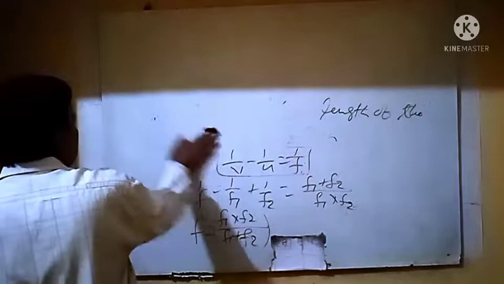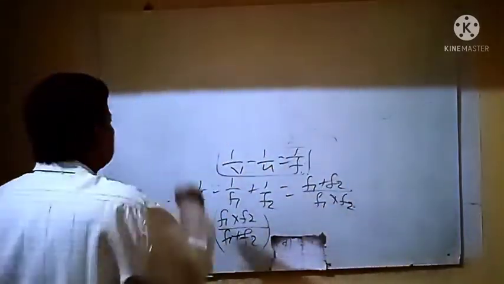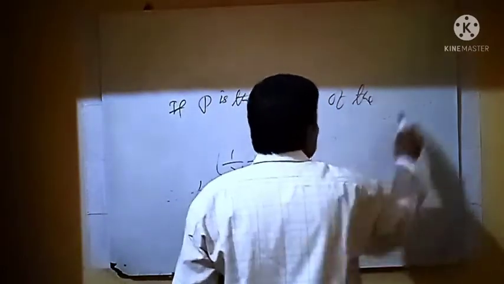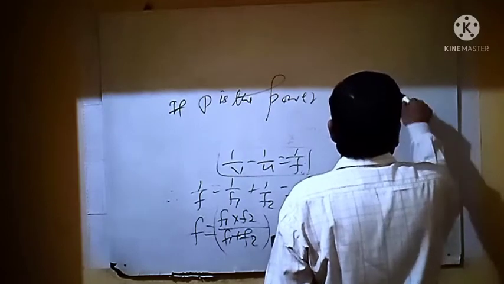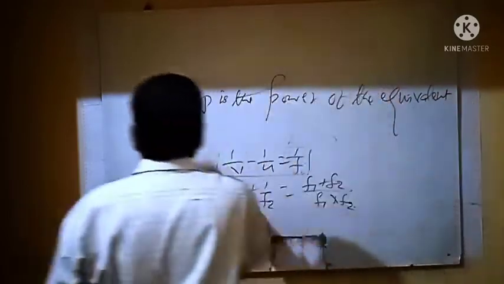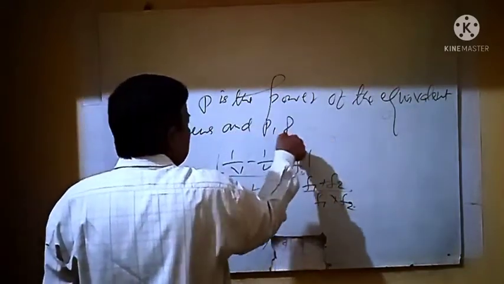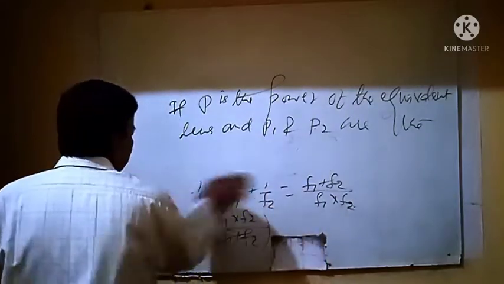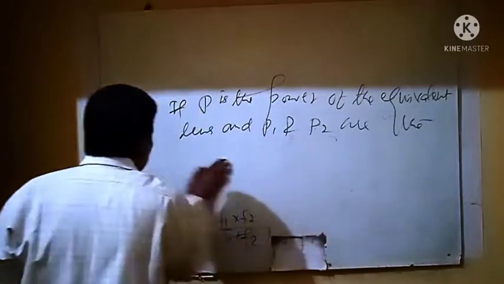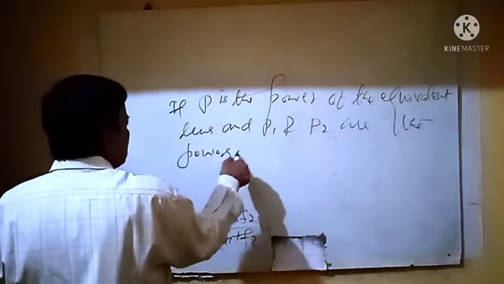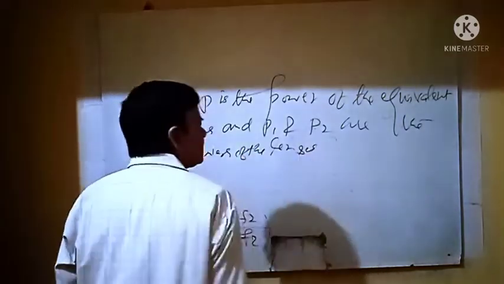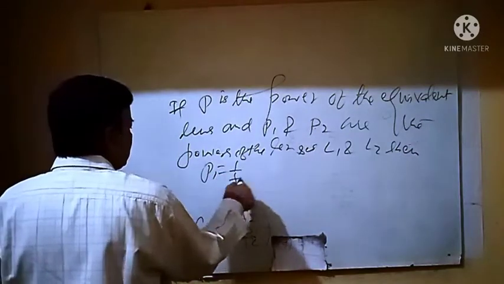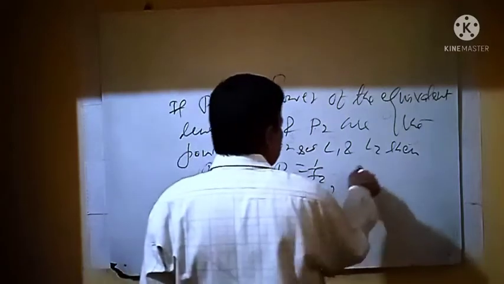If P is the power of the equivalent lens, and P1 and P2 are the powers of the lenses L1 and L2, then P1 is equal to 1 by f1, P2 is equal to 1 by f2, and P is equal to 1 by f.